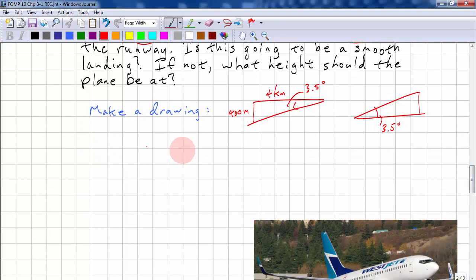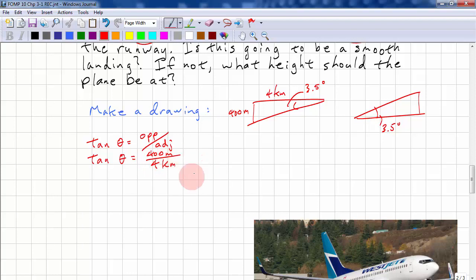So we carry out our calculations. Tan theta equals opposite over adjacent. So tan theta equals opposite, that's the 400 meters over 4 kilometers.